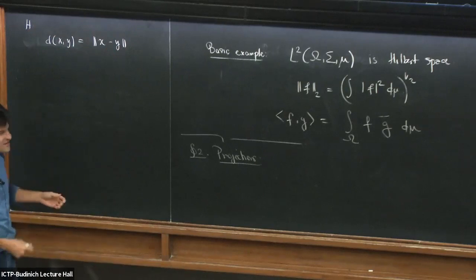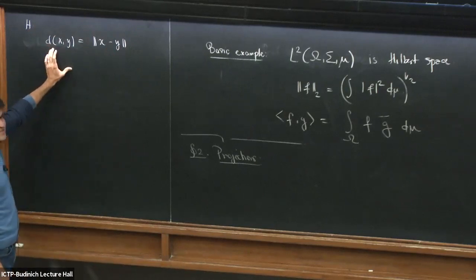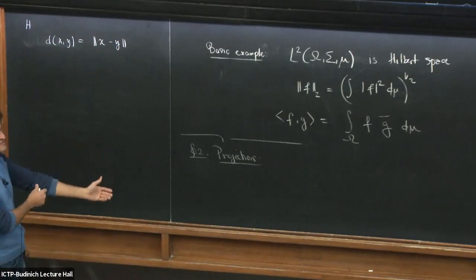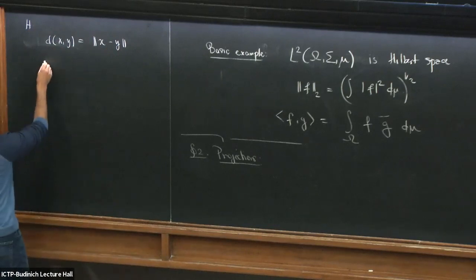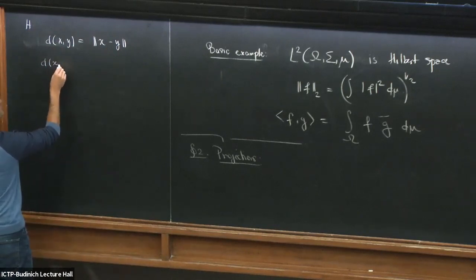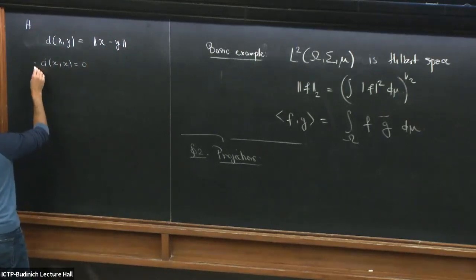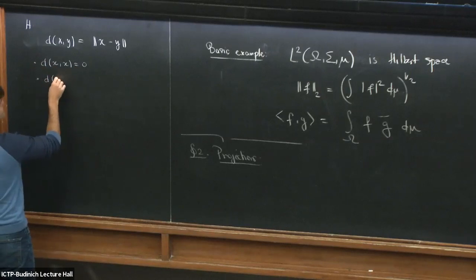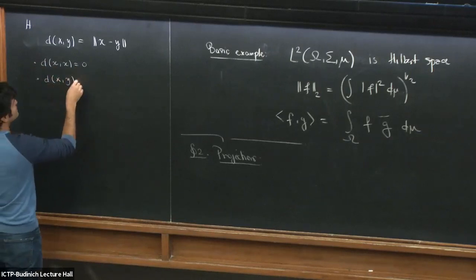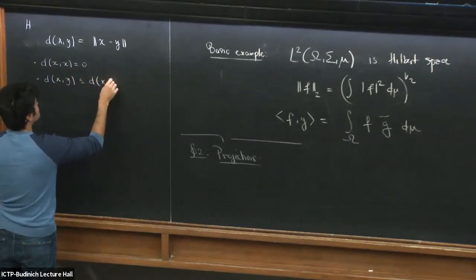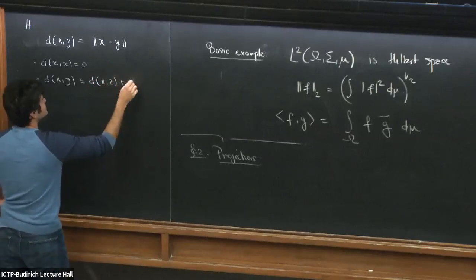Okay, a metric is a distance that verifies roughly the same properties as the norm, right? So the distance of x to x is 0. The distance of x to y is less than or equal to the distance of x to z plus the distance of z to y. So you have a triangle inequality here.